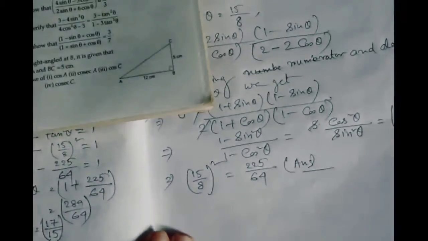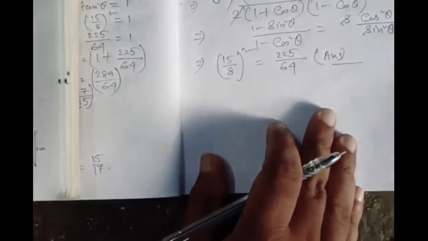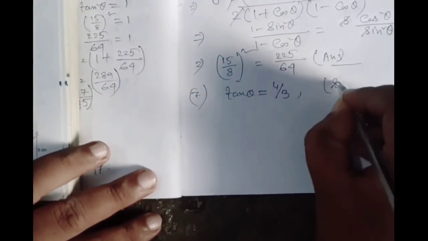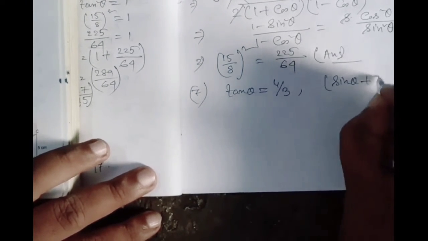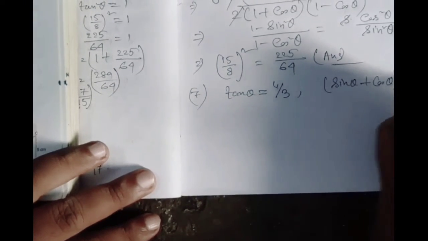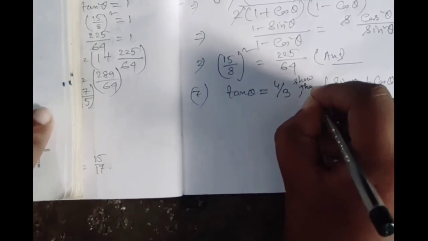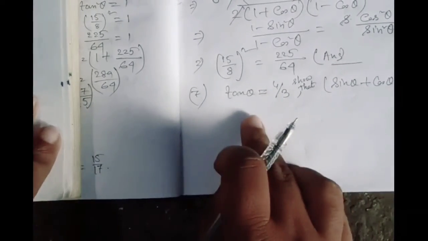Next, move to another question. The question is given here, question number 7. In this question it is given tan theta is equal to 4 by 3. We have to show that sin theta plus cos theta equals 7 by 5.